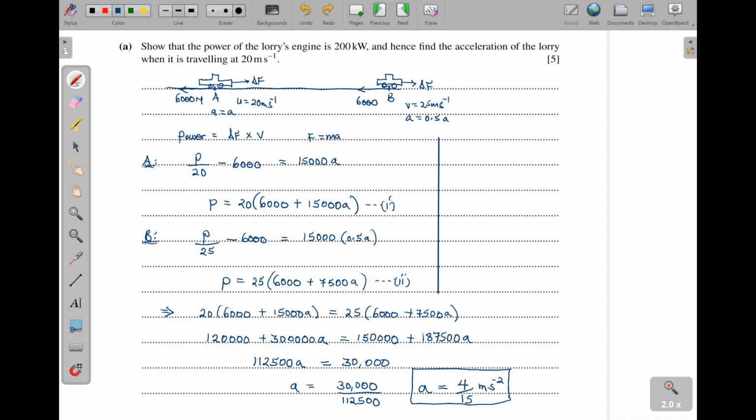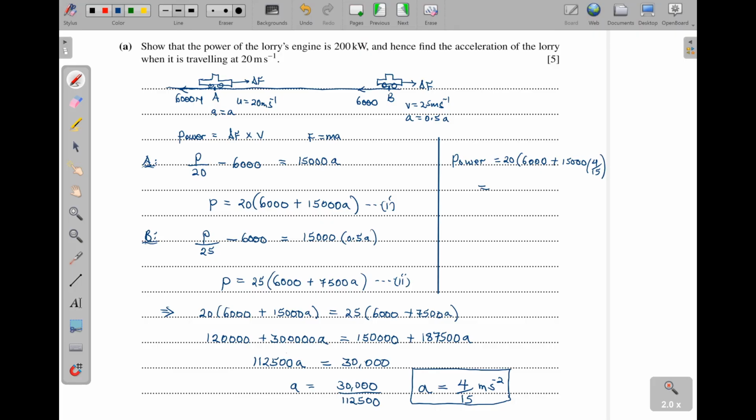So let us substitute maybe in this first one here. Any you want, power is going to be equal to 20 into 6,000, then plus 15,000 of A, which is this one here.